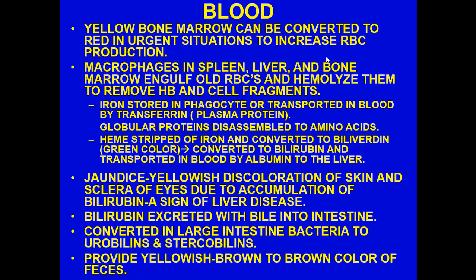What happens is after you've gone through all of this processing, you have to understand where these substances go to. In this case, the bilirubin will be converted by large intestine bacteria to urobilins and stercobilins. This provides the yellowish brown to brown color of the feces, okay?